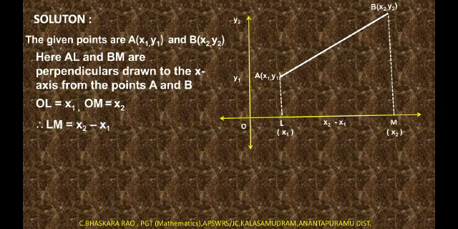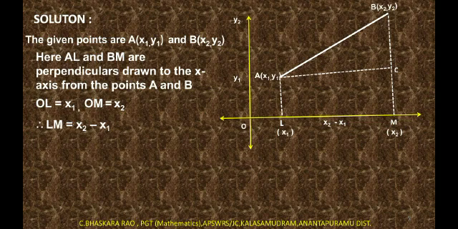Now draw a line parallel to the x-axis from the point A. It intersects BM at C. So ACML is a rectangle.